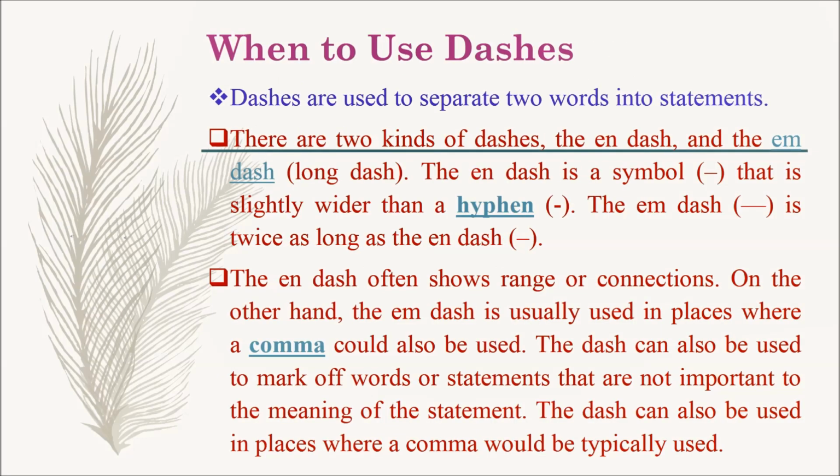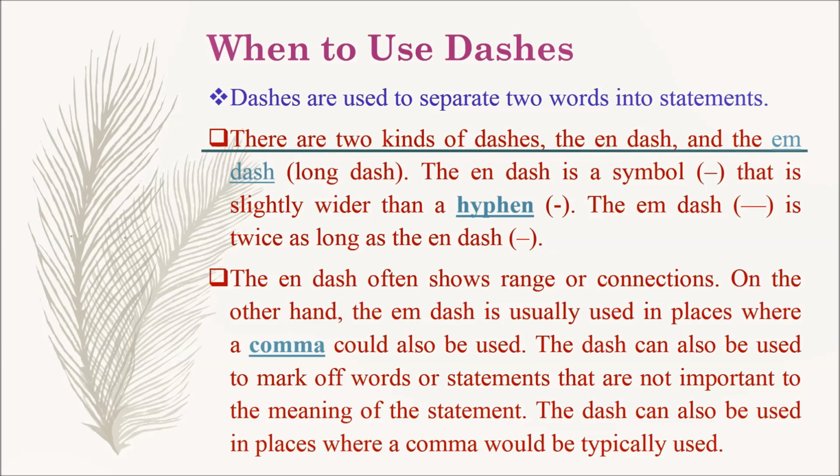Students, next we are going to see when to use dashes. Dashes are used to separate words or statements. There are two kinds of dashes, the N dash and the M dash, that is the long dash. The N dash is a symbol that is slightly wider than a hyphen.